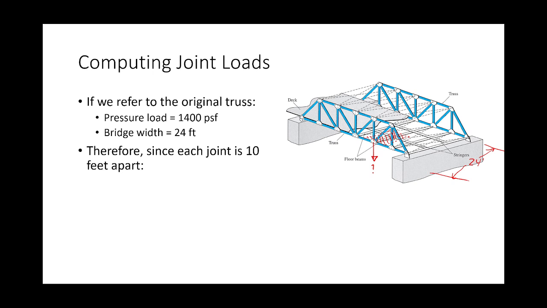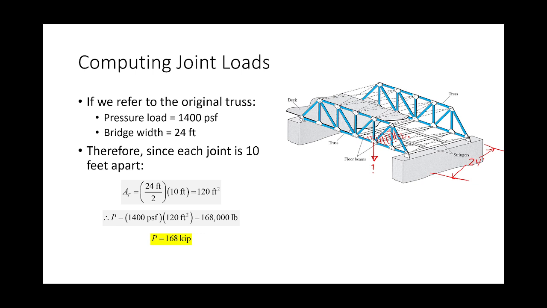How would you compute that tributary area? Say it again. 10 by 12. Right? Half the width times 10 feet, 120 square feet. And so 120 square feet for a pressure load of 1,400 pounds per square foot is 168,000 pounds or 168 kips. Right?